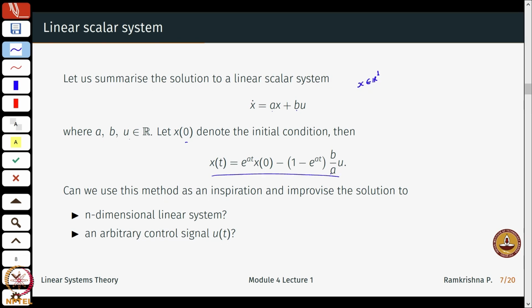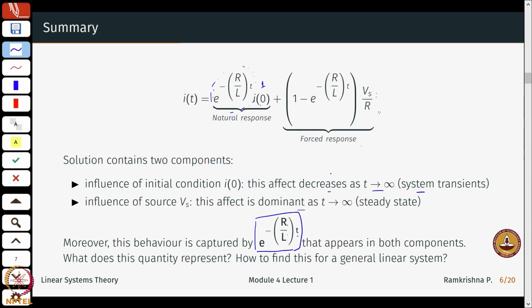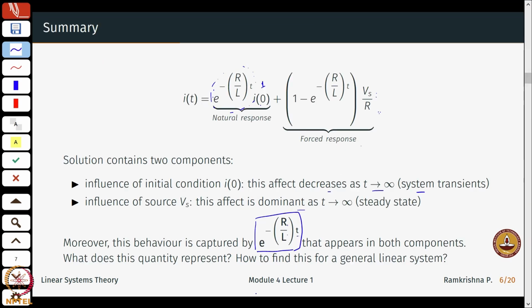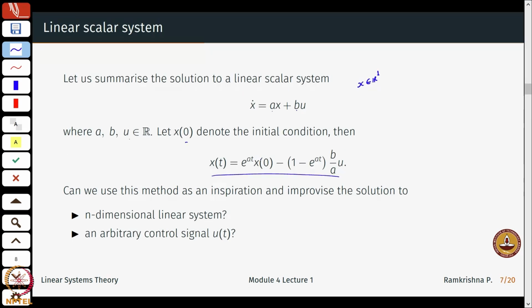You could go back to this equation that we had here and compare what we are trying to do. This is also a first order equation with certain initial conditions, and if I generally have x dot equal to A x plus B u, I can write a solution which looks like this.